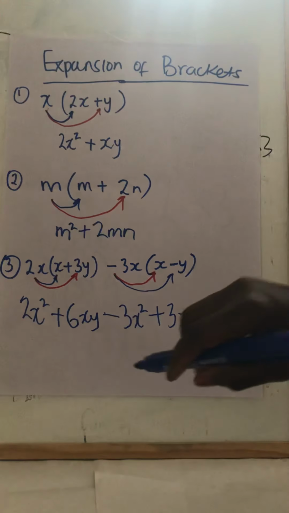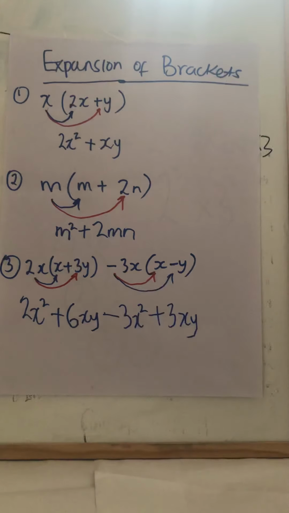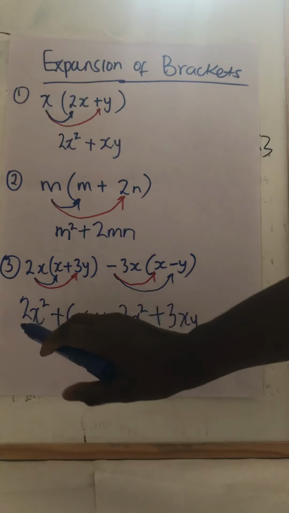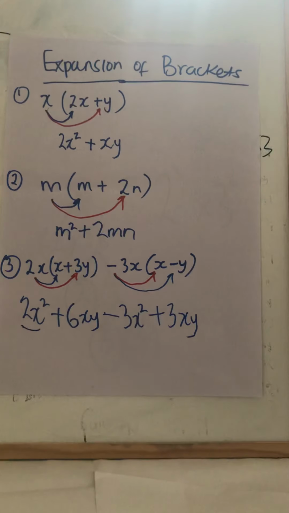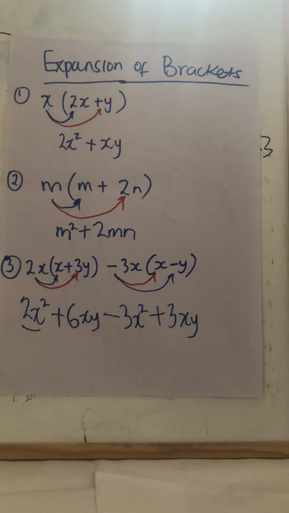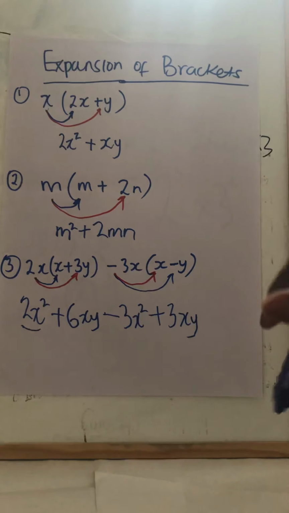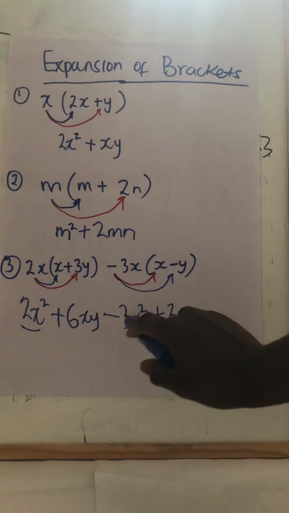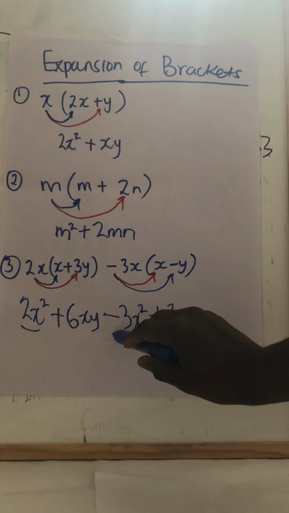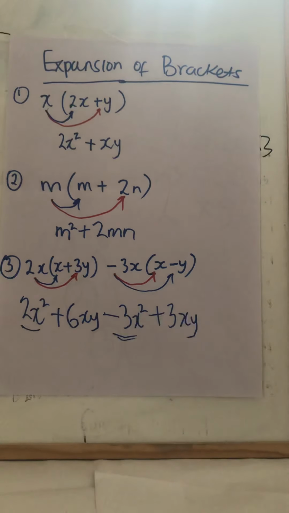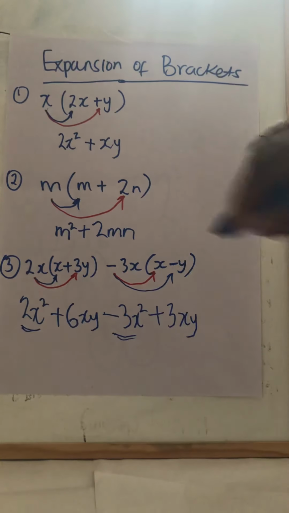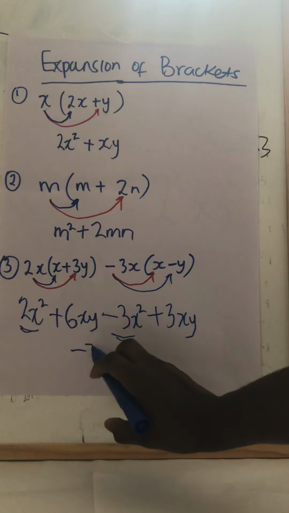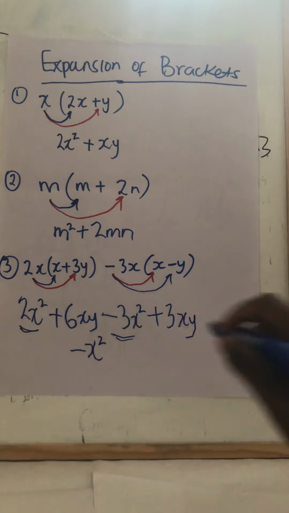So I am going to collect like terms. Remember your like terms. If you do not remember your like terms, please go back to my videos where I did algebra, where we have to collect like terms. 2x squared minus 3x squared, these are my like terms, that will give me minus x squared.